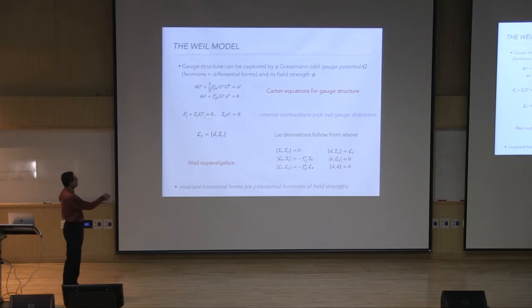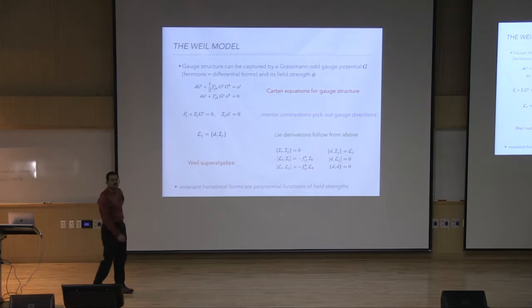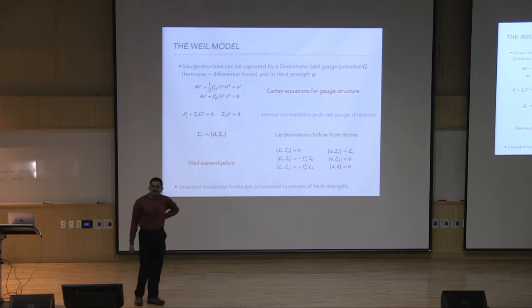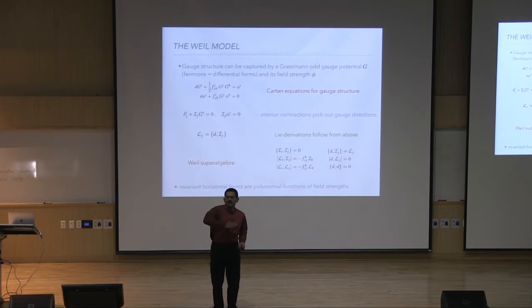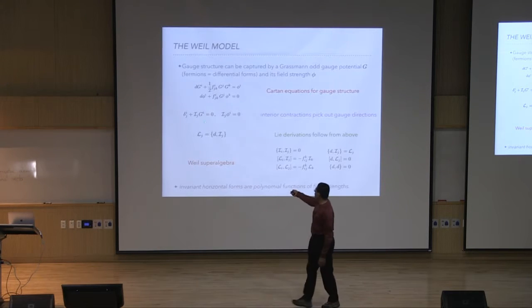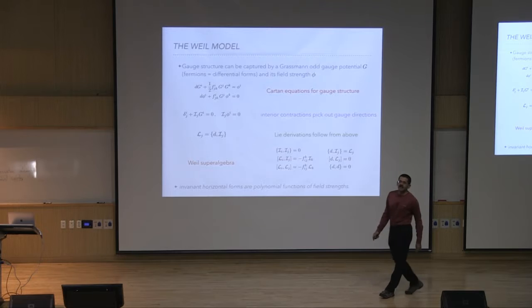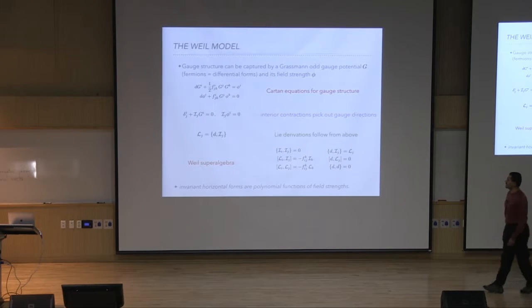So if I want to look at cohomology that's invariant under the gauge transformations, I want to ask for forms that are horizontal, that lie on a section, they don't lift off the section. And to do that, I can just pick out my gauge directions and declare my objects to be gauge invariant under that. And you can just compute this whole algebra of these objects once I define D and I, L is defined, and you can just compute the algebra of these guys.